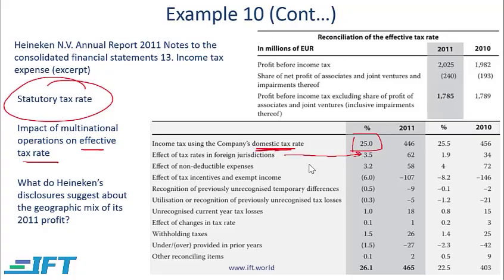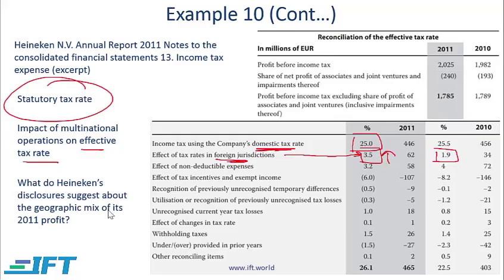Note that the effect of tax rate in foreign jurisdictions was positive 1.9% in 2010 and then positive 3.5% in 2011. Positive in this case is bad because what this is saying is that the effective tax rate is going up. The company is now paying higher taxes.